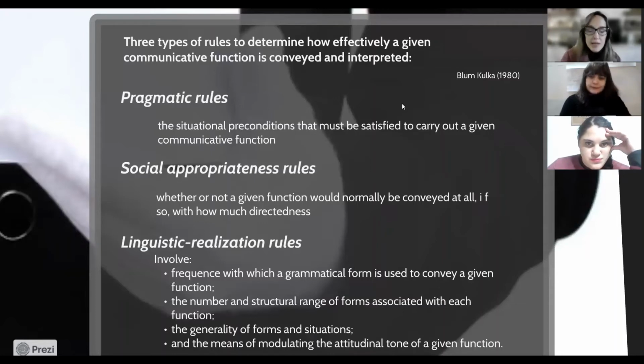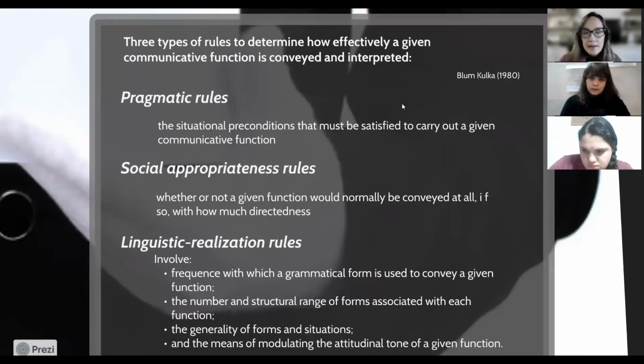So we need to be careful that we choose the functions and the language for those functions that are most typical in the language that we are teaching, right? Not the exceptions, not the exceptional uses, right?